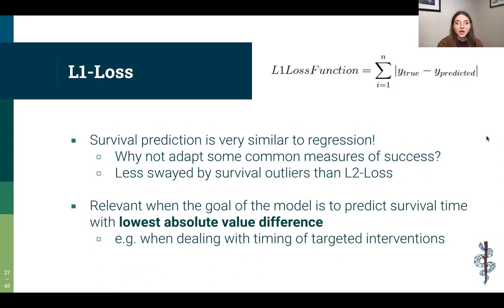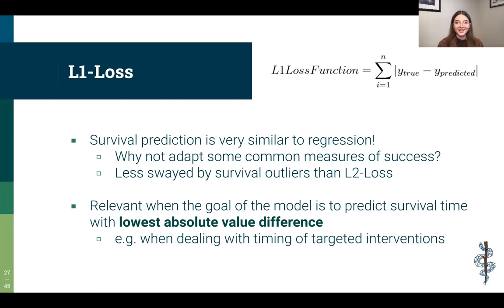Okay, next I'll talk about L1 loss. As I had mentioned before, survival prediction is often extremely similar to regression. So why not adapt some common measures of success that are often seen in regression? In particular, L1 loss is favored over something like L2 loss because it is less swayed by survival outliers.